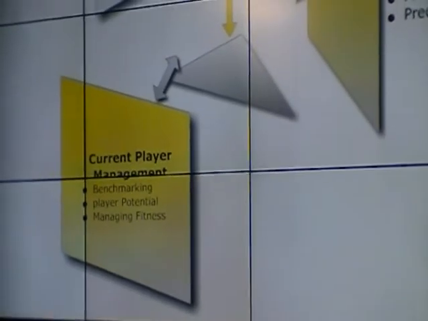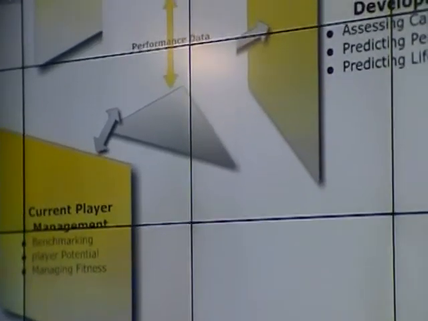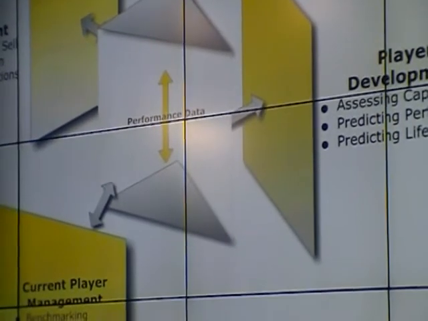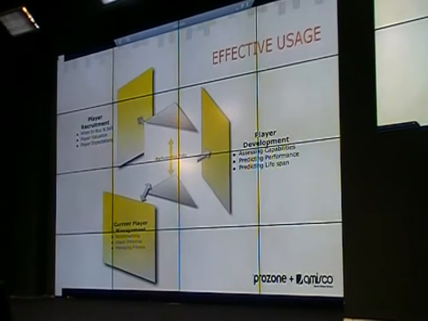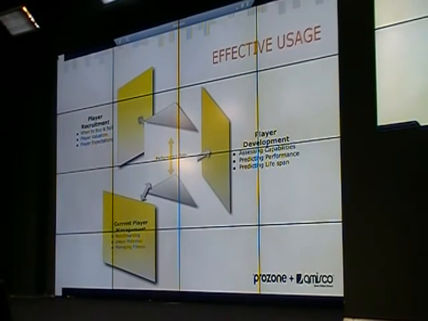So looking at the physical outputs from players during the season can help give you an understanding of fatigue, whether or not the players need to rest during busy periods, when they may play a number of games, European games, league games at the same time. So there's a number of ways in which the data can be used for managing your current squad and managing your football club. We also think there's a huge value in the player recruitment process.